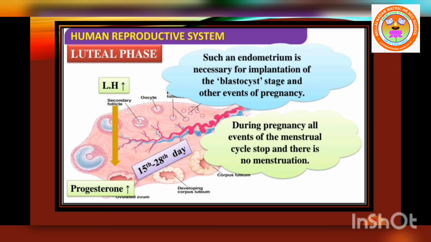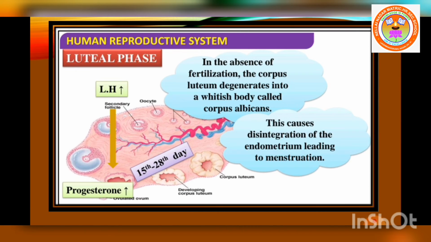It also initiates the disintegration of the endometrium, leading to menstruation, marking the next cycle. So, in the absence of fertilization, the corpus luteum degenerates into a whitish body called corpus albicans. This causes disintegration of the endometrium, leading to menstruation.